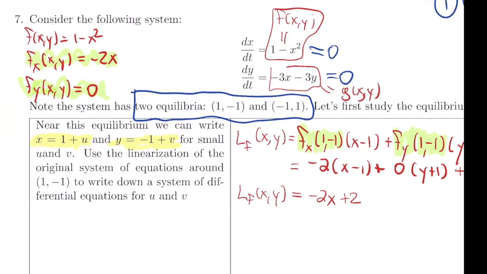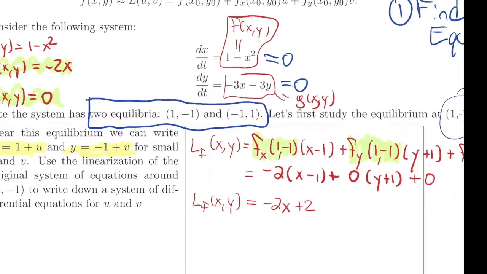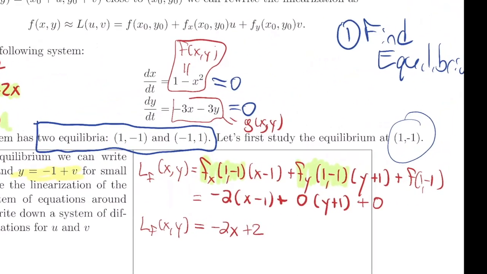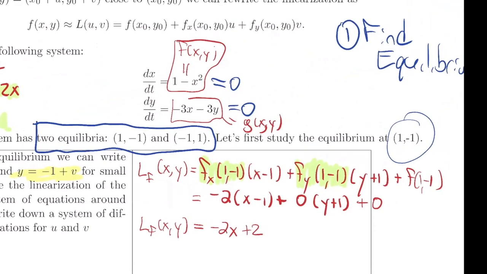Could you repeat your statement about why f of x, y is just 0 at the equilibrium point? Yeah, so you can always just plug it in to check that. If I take (1, -1) and plug it into this equation, I would get 1 minus 1 squared. That just gives me 0. Sorry, my bad.